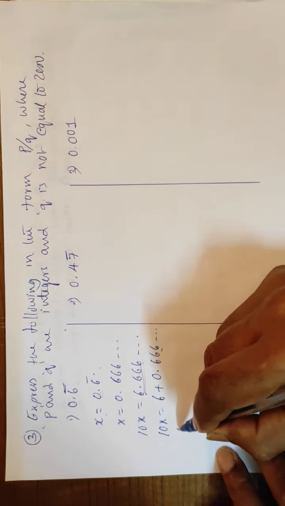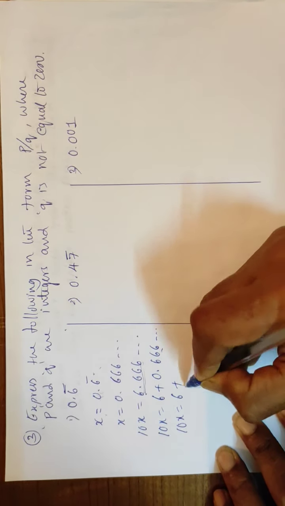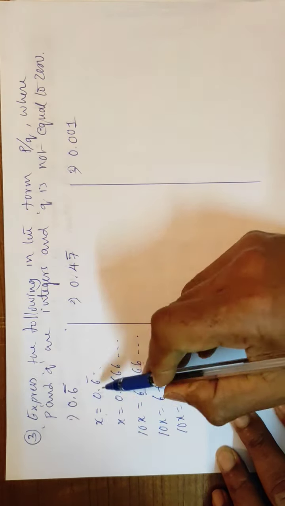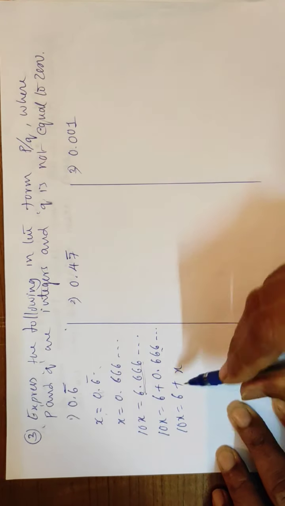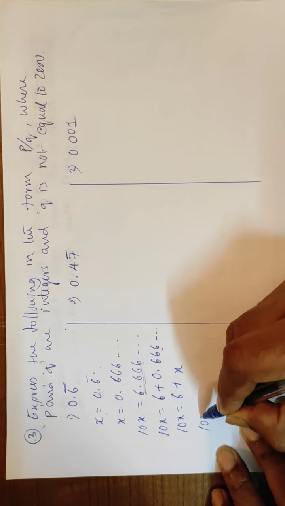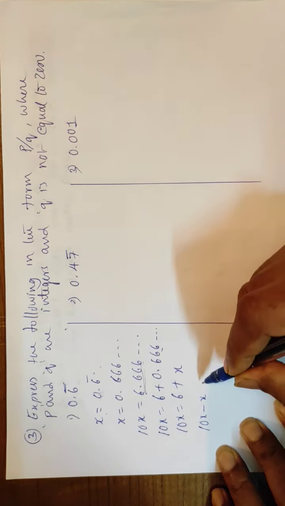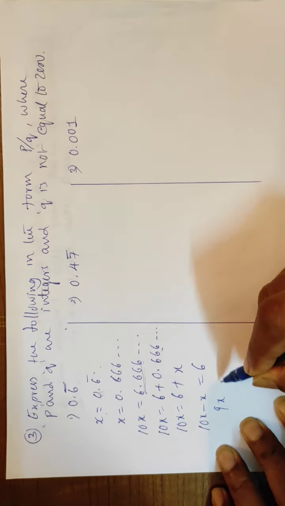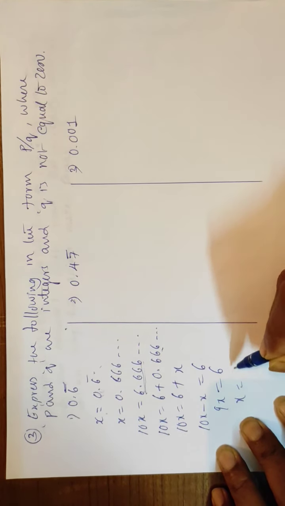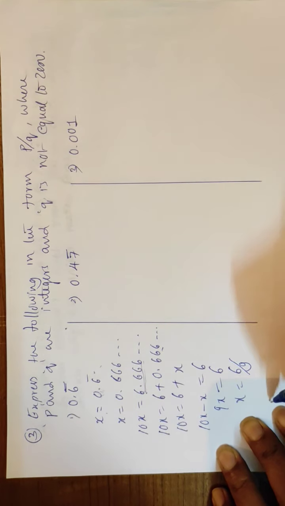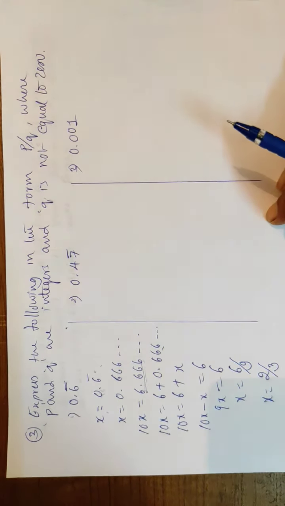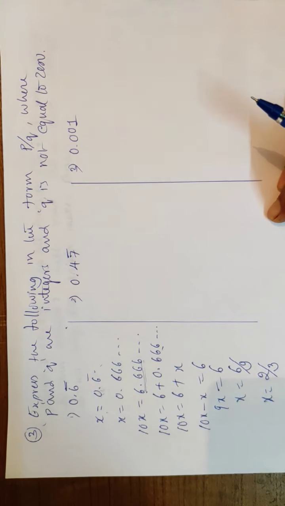So 10x equals 6 plus x. So I am transposing, 10x minus x equals 6, 9x equals 6, x equals 6 divided by 9. On simplifying, you will get 2 by 3.